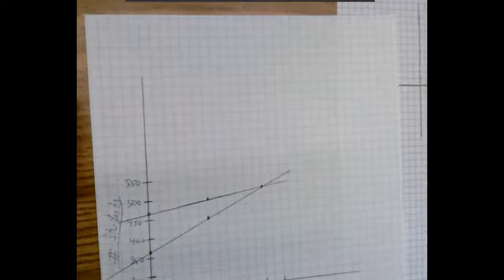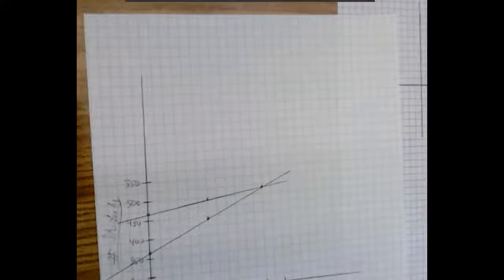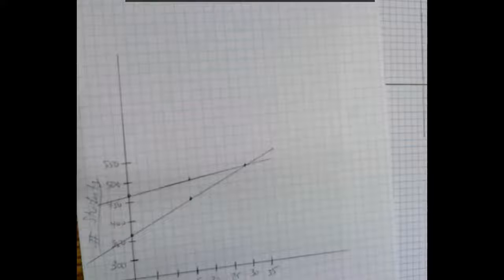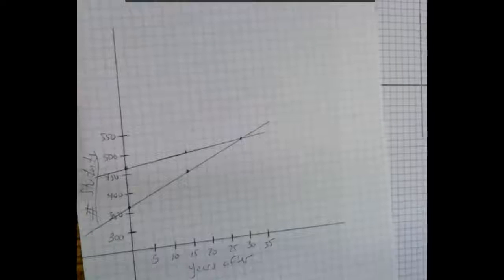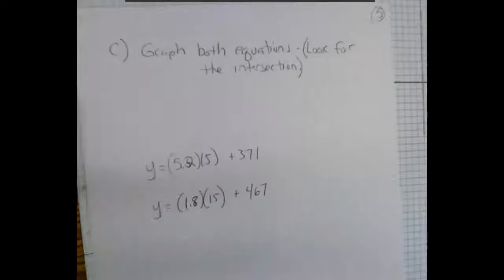And it's about 30 years or so. It's pretty close to that. Okay, so we might want to plug in and see if that works. Now these are a little bit sloppier. We might not have exactly the right answer, but we might see if we can get that answer, if they're close.